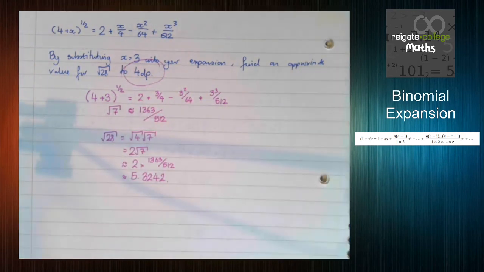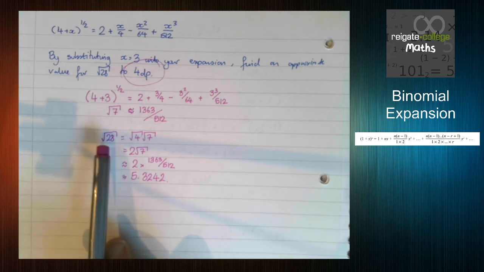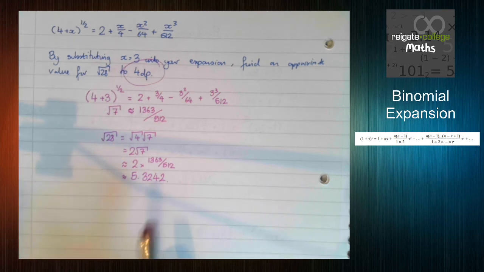So you can use this and really think, okay, what am I actually trying to find, and what approximate value is that going to take? That's going to really help you judge whether your final answer is right. Just looking at this, I can see 28 is pretty close to 25, so my answer is going to be pretty close to 5. It's going to be closer to 5 than 6, which it is.